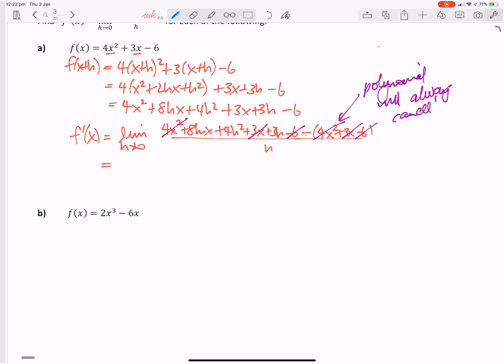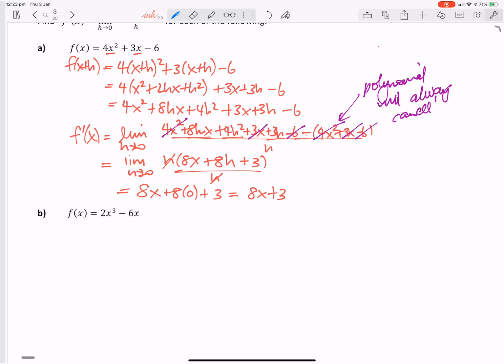So we say, once again, you've got to make sure you keep putting the limit as h approaches 0 of, now I've got 8hx, 4h squared, and 3h, so I'm going to take out an h as a common factor. So I get 8x plus 4h plus 3 on h. They cancel. Now we can sub in h equals 0. 8x plus 4 times 0 plus 3, which is 8x plus 3.